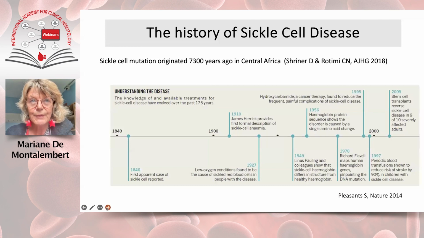A lot of genetic studies let us think that the sickle cell mutation originated around 7,000 years ago in Central Africa.